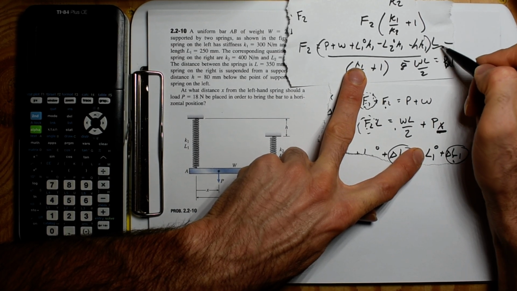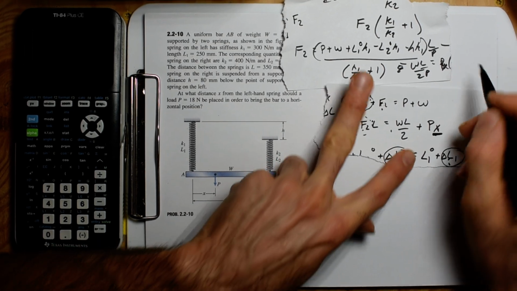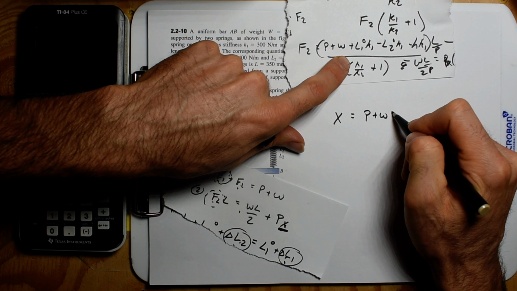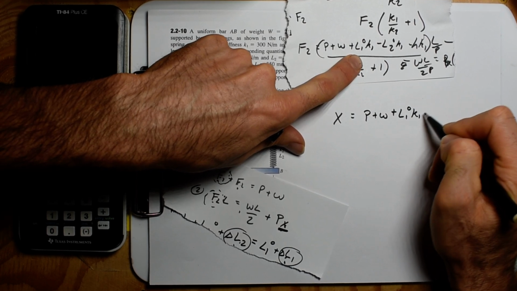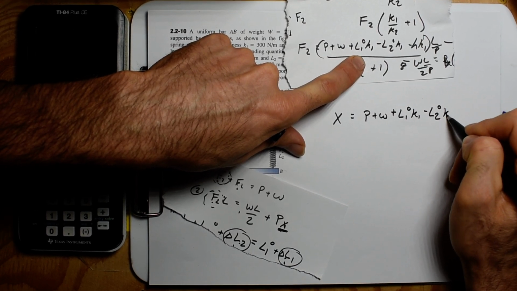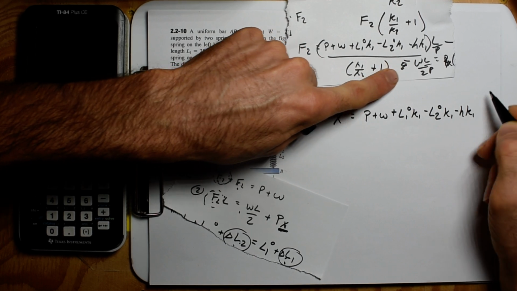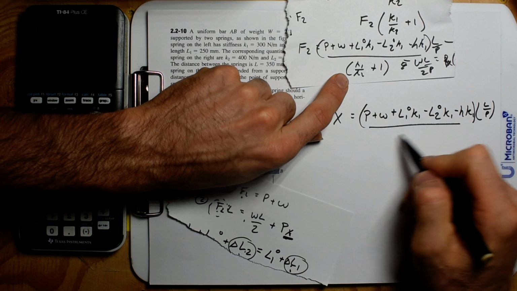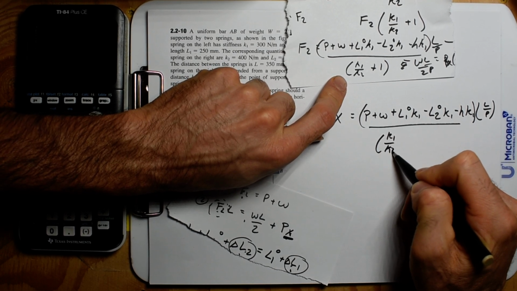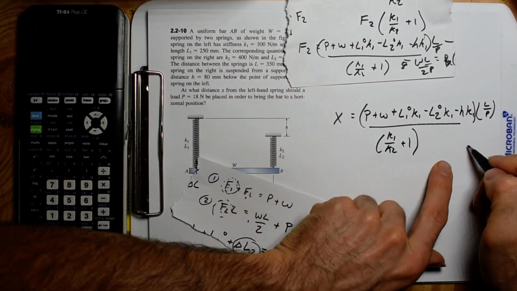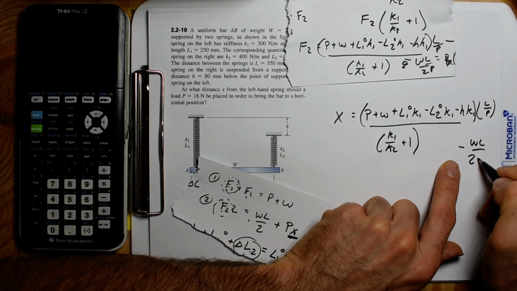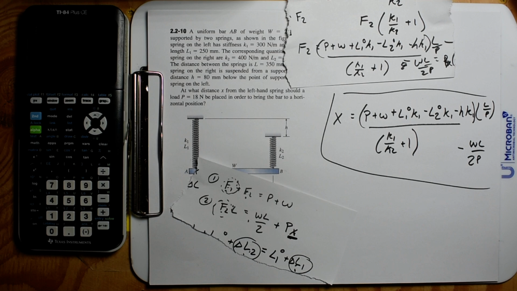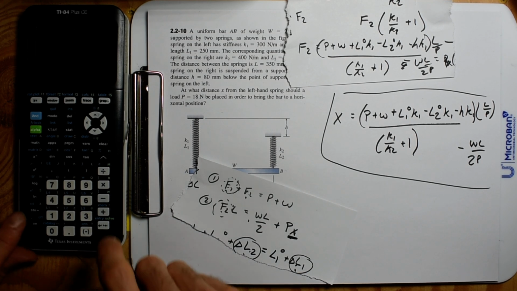And then we can just divide by P, and then we've got an equation for X. So booyah, X is equal to (P plus W plus L1 naught K1 minus L2 naught K1 minus HK1) times L, divided by P times (K1 K2 plus 1), and then subtract WL over 2P, and there you go. So there's our equation for X.